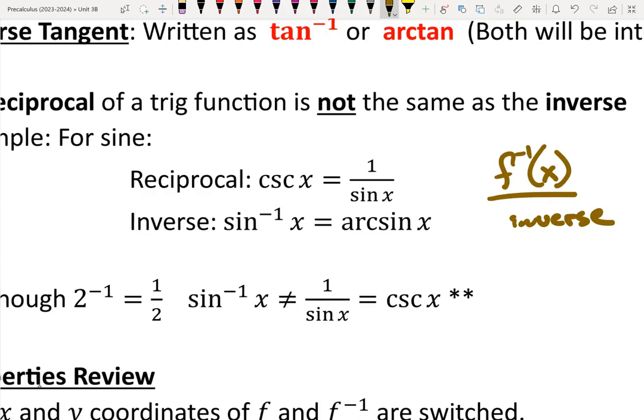And that can get confusing because when we see something like 2 to the -1, that does mean reciprocal. It means 1/2, 1 over 2 to the first. But whenever we do a -1 power to a function, it means inverse and not reciprocal. Who came up with it? I don't know. It does provide a little bit of confusion there. But just want to remember, when you have -1 on a function, it is an inverse, not a reciprocal.